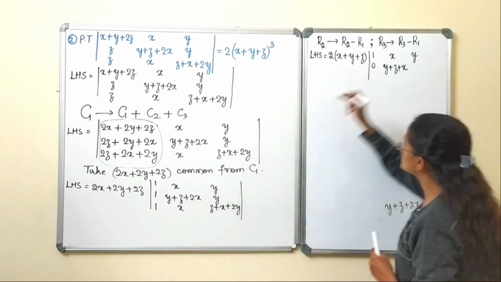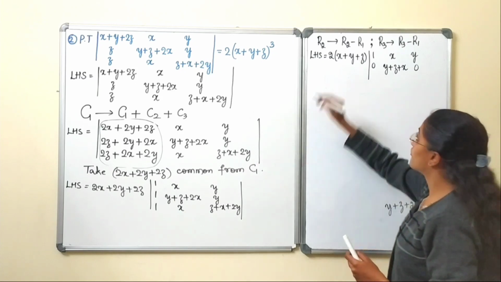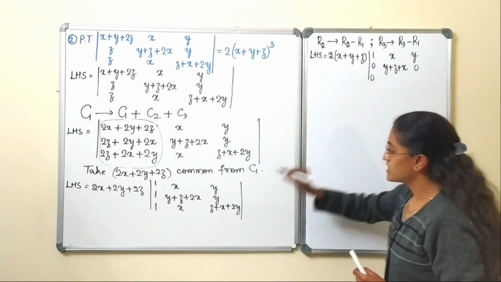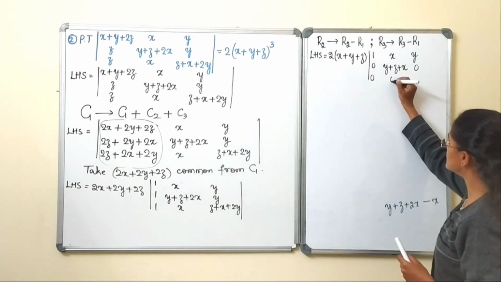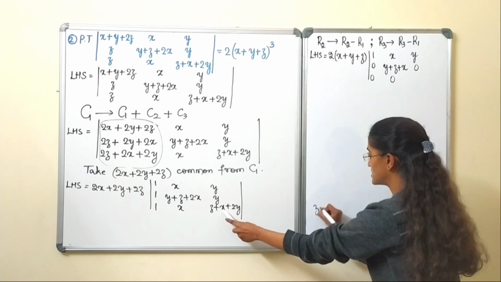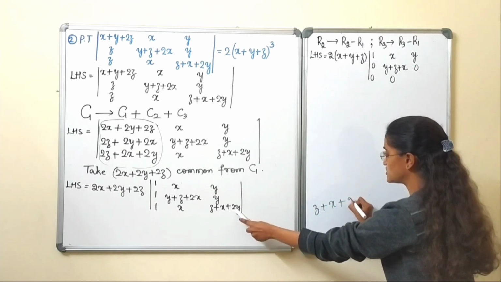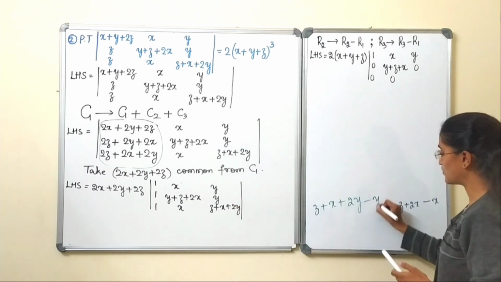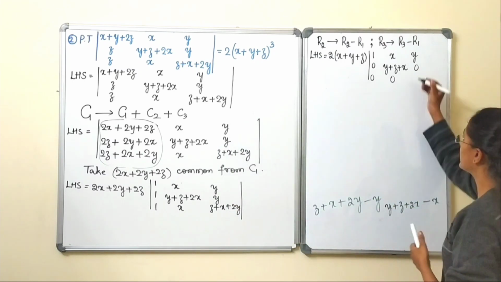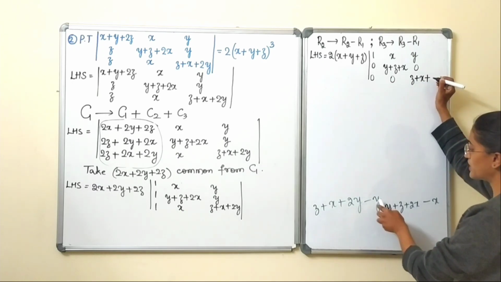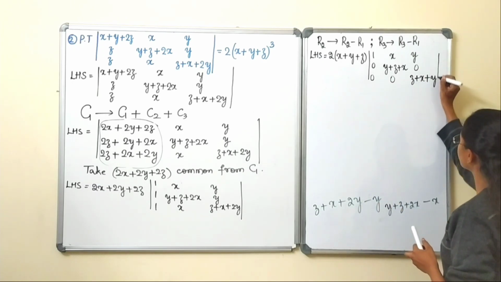Then y minus y 0. Now for the next operation, 1 minus 1 0, x minus x 0. Again for this element, that is z plus x plus 2y minus the corresponding first row element is y. Simplifying this, we get z plus x plus 2y minus y gives us y.